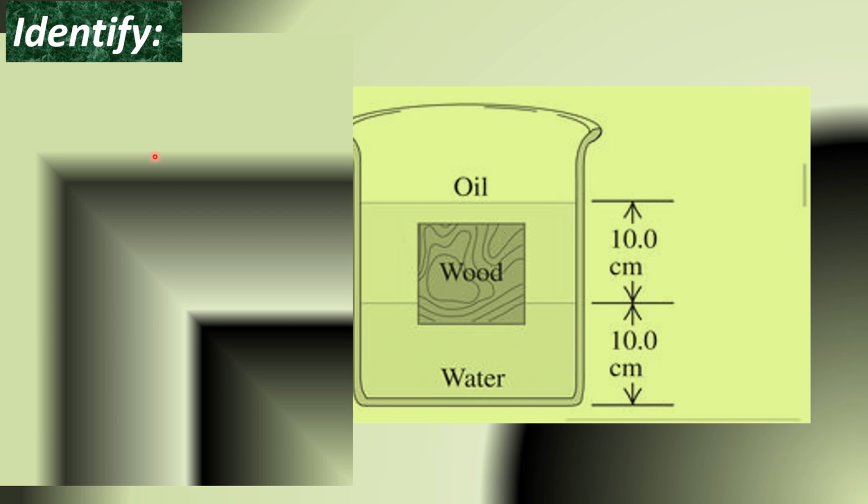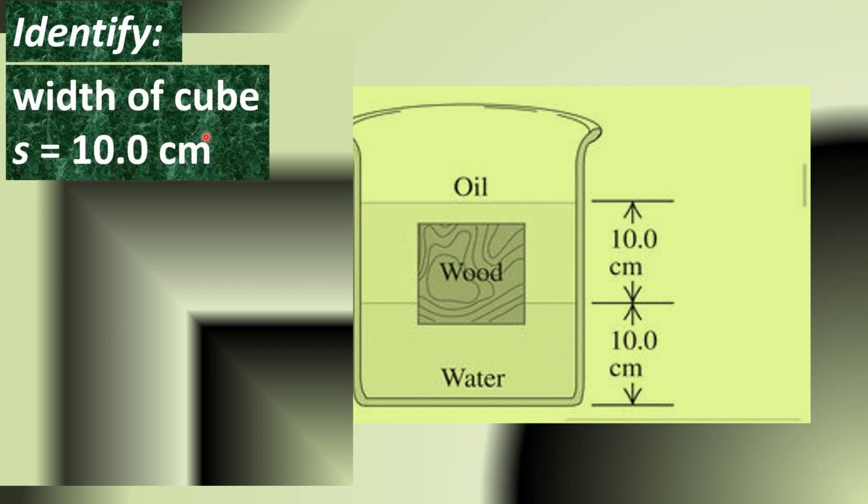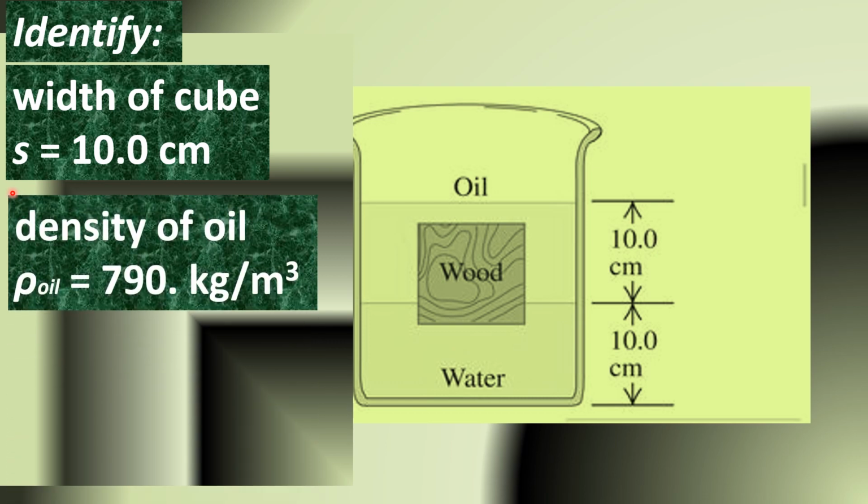As shown in the figure, we have a cubical block of wood 10.0 centimeters on a side. The block floats at the interface between oil and water. We're given the density of oil, 790 kg per meter cube.